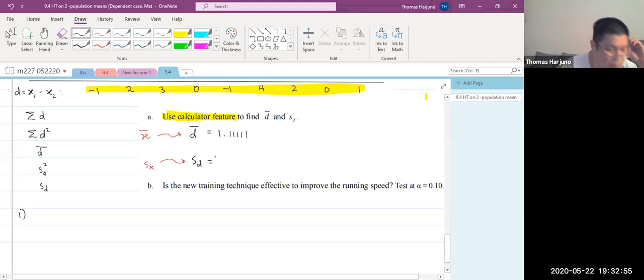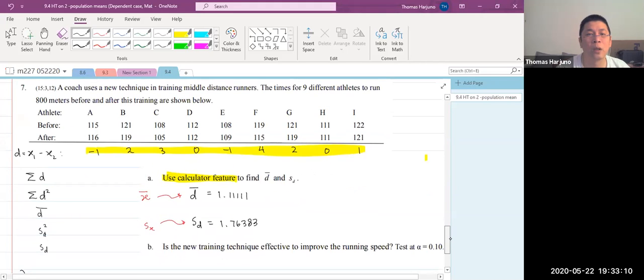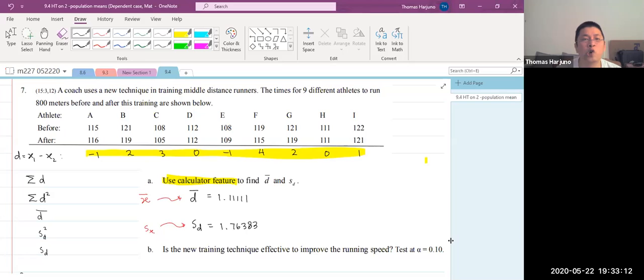My sample standard deviation of the differences is 1.76383. By the way, when we say the new training technique is effective, what would you like, by the way? Would you like the time to be longer or shorter?